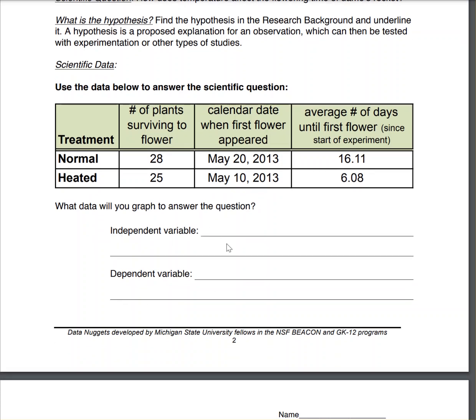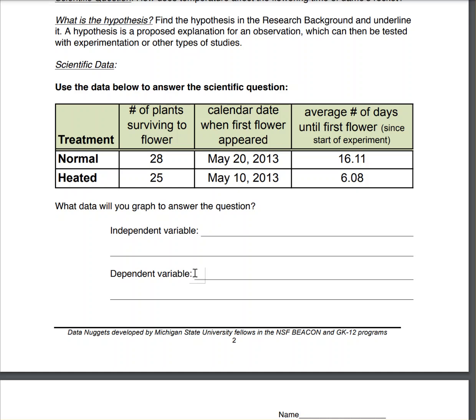Now, we need to identify the variables. We need to identify the independent variable and the dependent variable here. If you don't remember which is which, it's always easiest to go back to the hypothesis. The independent variable is the if portion of our hypothesis, and the dependent variable, we can find that in the then portion of our hypothesis.